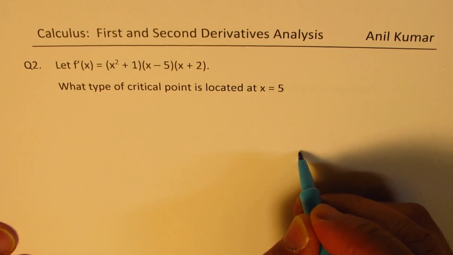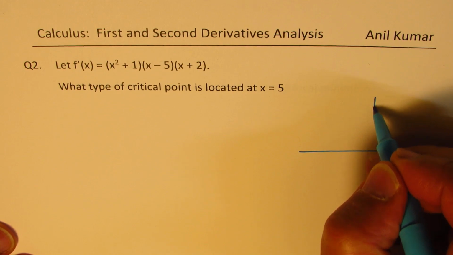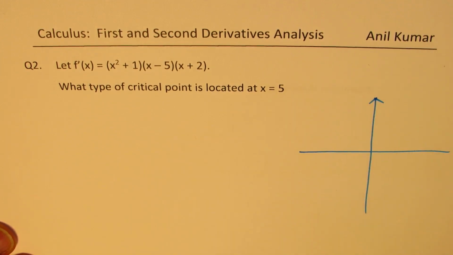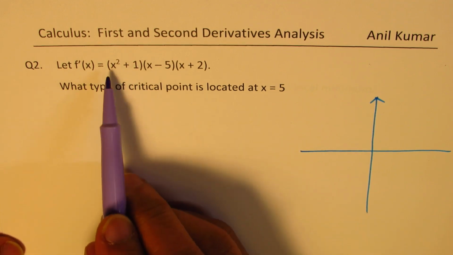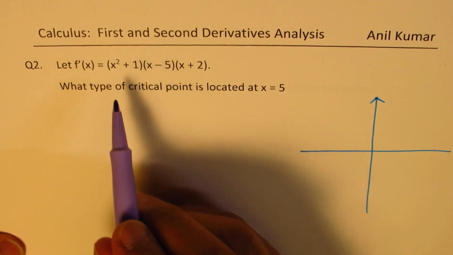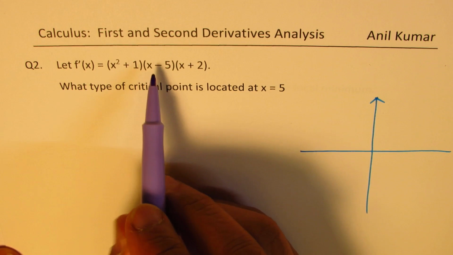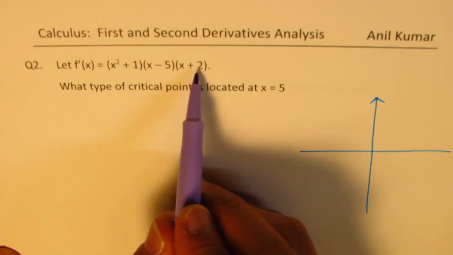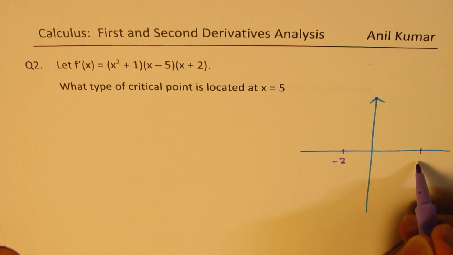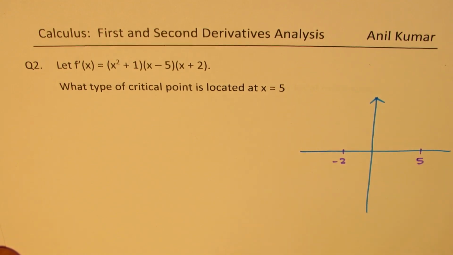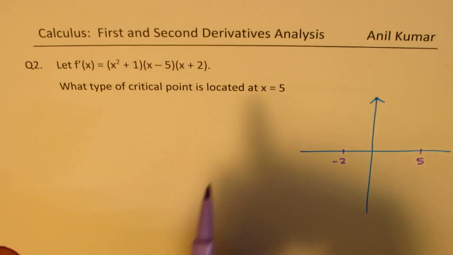Now to visualize, let us sketch this graph also and then answer. We have this time x squared plus 1 is not a 0, right? That's the imaginary 0. Now here we have 5 and minus 2. So we have two real zeros, at minus 2 and at 5. The graph is degree 4.